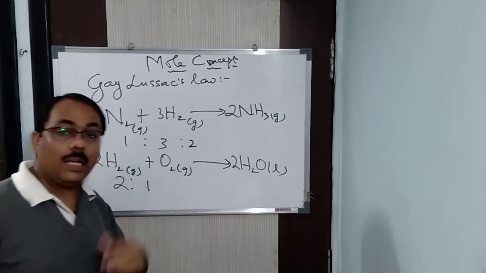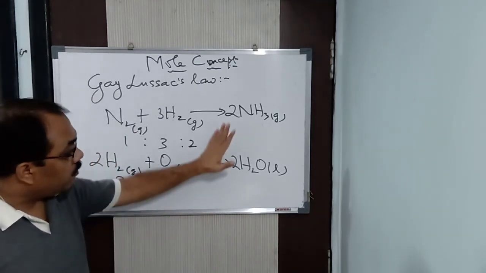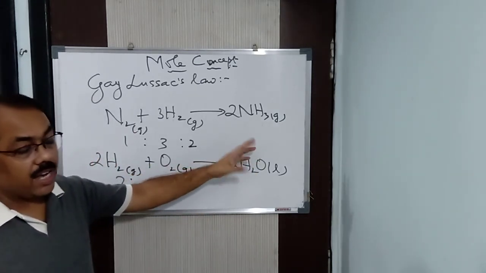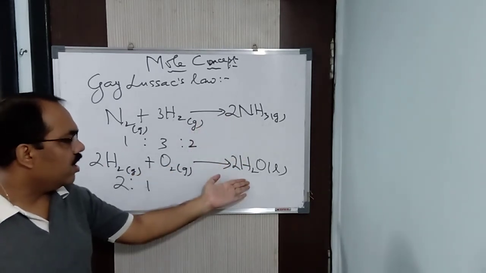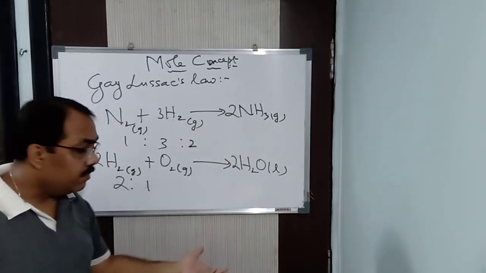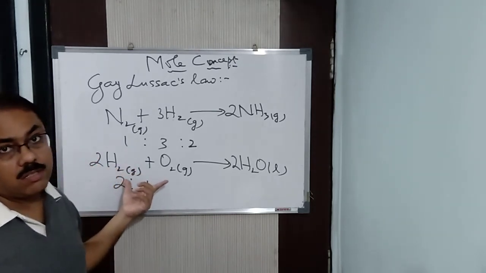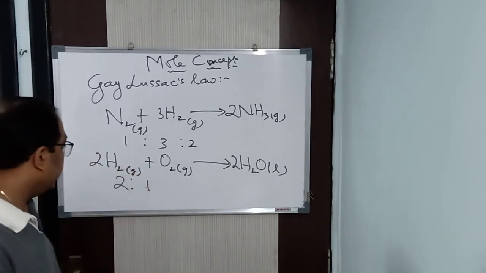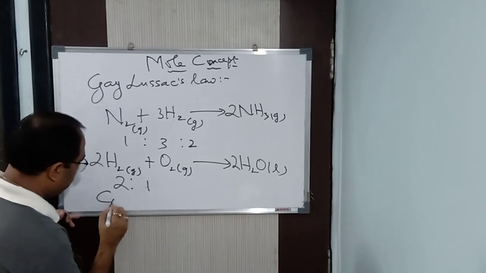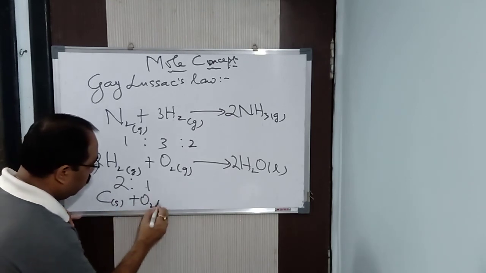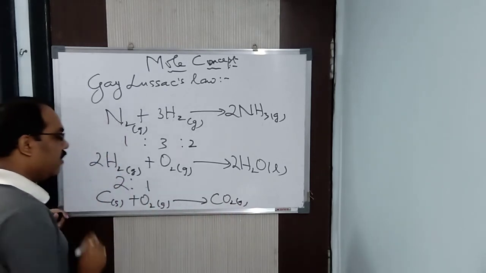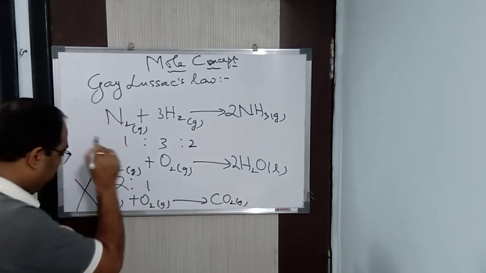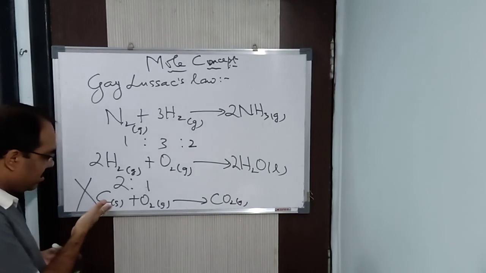So in Gay-Lussac's law, mind it, the product may be liquid, gas, solid, whatever it is. If it is a gas, we consider it. If it is not a gas, I will not consider it. But the reactant has to be gaseous. Let us say this equation: C solid plus O2 gas gives CO2 gas. In this equation, Gay-Lussac's law is not valid, because the reactant is a solid.